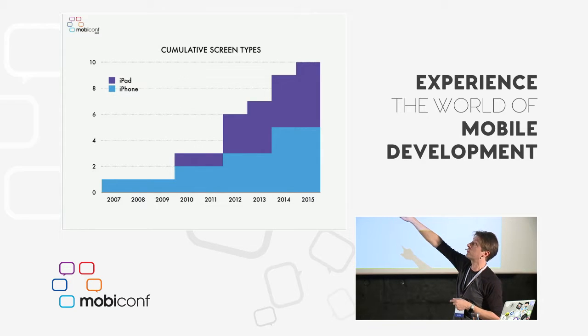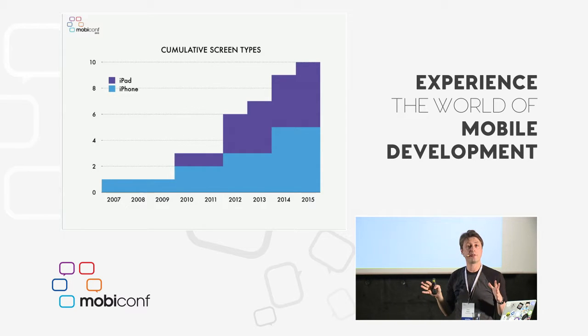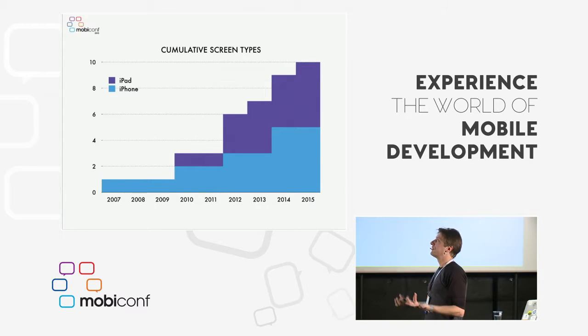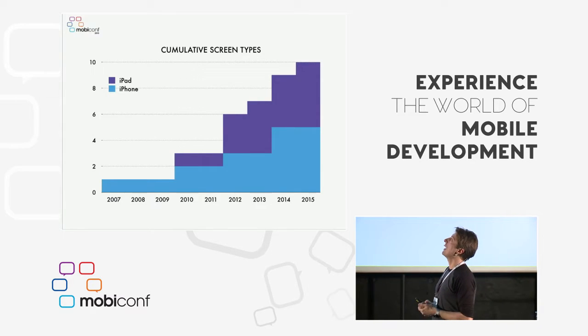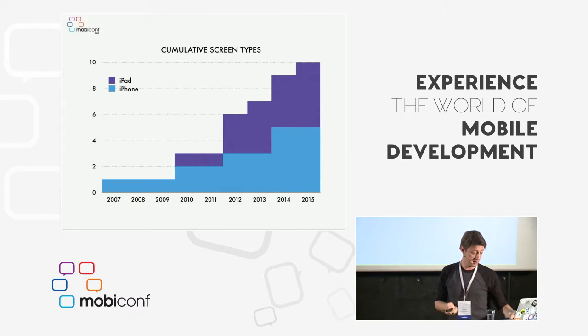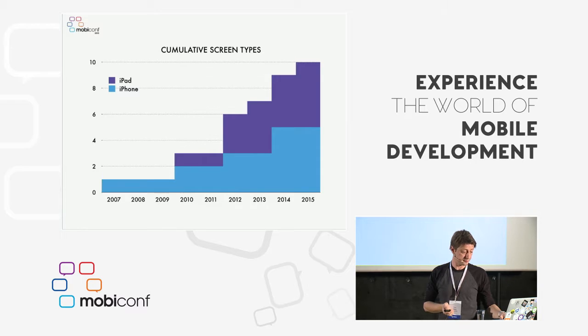For 2 years we had one type of iPad screen, one physical size, one type of assets, and then in 1 year we got a Retina version of the 9.7 inch screen, and we got a new smaller form factor in the iPad Mini, which then went Retina as well, and now just recently in 2015 we got the iPad Pro, which is another device size we're developing for.